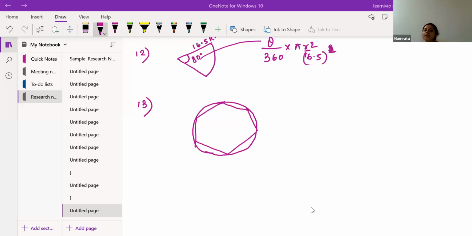So this design is given over there, and it says a round table cover has 6 equal designs. So where is the design exactly?